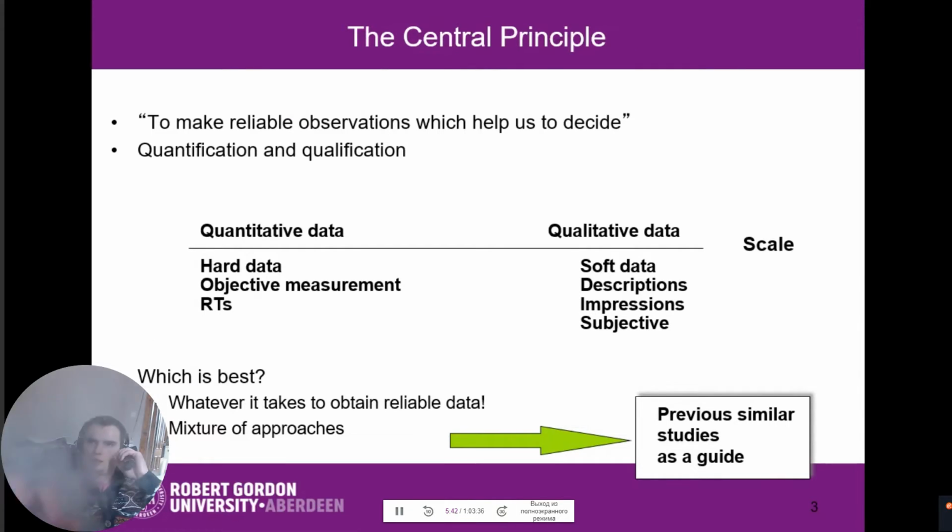Now, the central principle of doing evaluation is that you want to make reliable observations that help us decide.